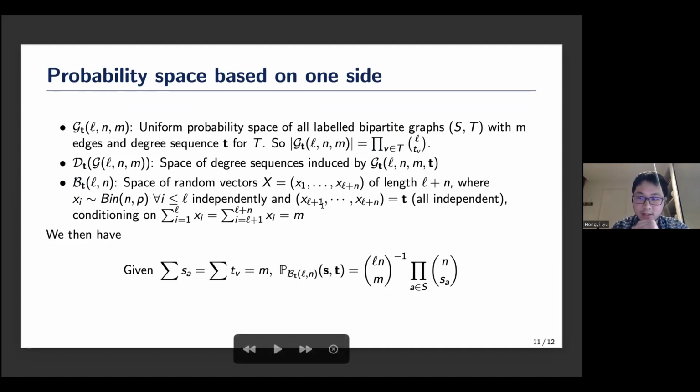Instead, we just set them to be the same as the degree sequence T. And so in this case, under the new construction, if we're given a balanced sequence, then the probability of it in this new binomial space will be this. And here we can already see that if we multiply it by the cardinality of the space G, it'll give us exactly the main term in the desired asymptotic formula.